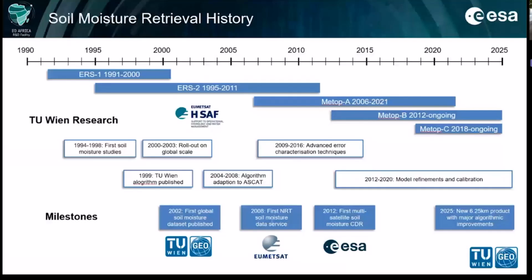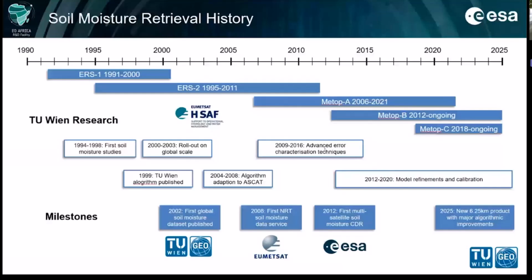Based on this base product, we also derived higher value datasets, like for example, the ESA CCI dataset. Once the product was running, we spent a lot of time on error characterization. We tried to understand the errors as well as possible before we started to actually improve the algorithm.